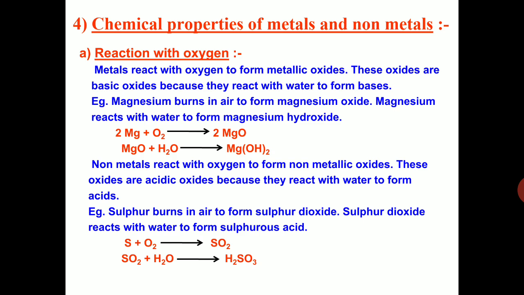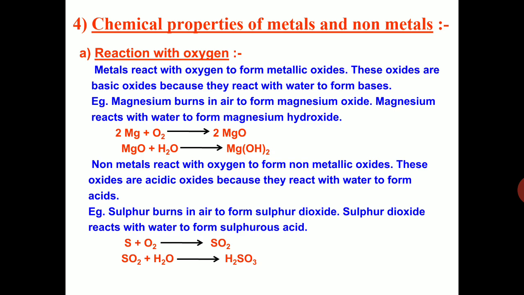These oxides are basic oxides because they react with water to form bases. Here, magnesium reacts with oxygen to form magnesium oxide. Mg plus O2 gives MgO. Again, magnesium oxide reacts with water to form magnesium hydroxide. So generally, metal oxides are basic in nature.